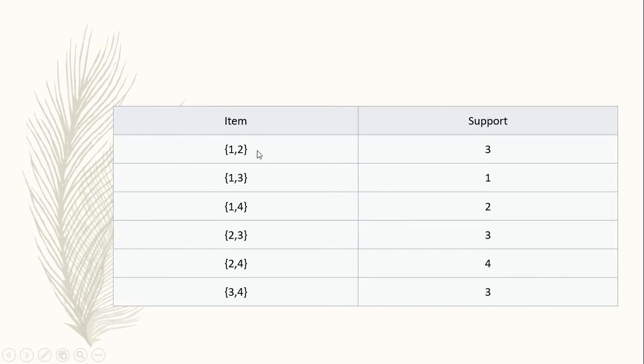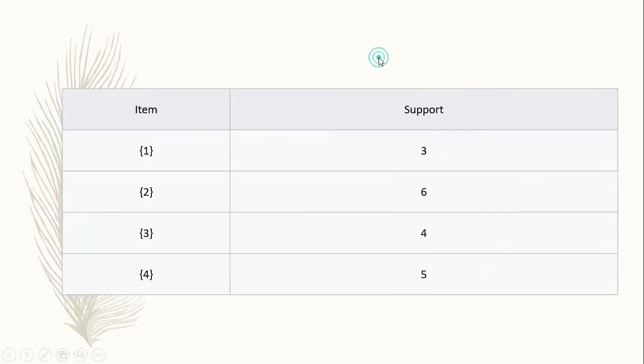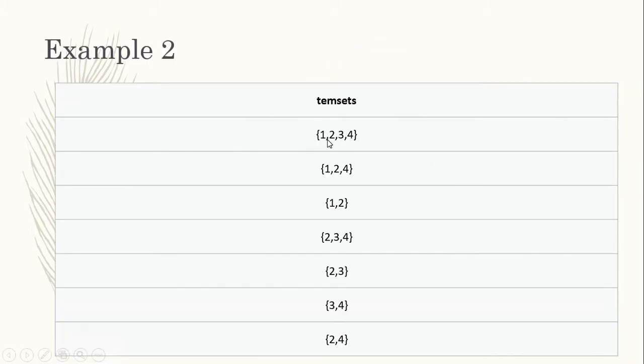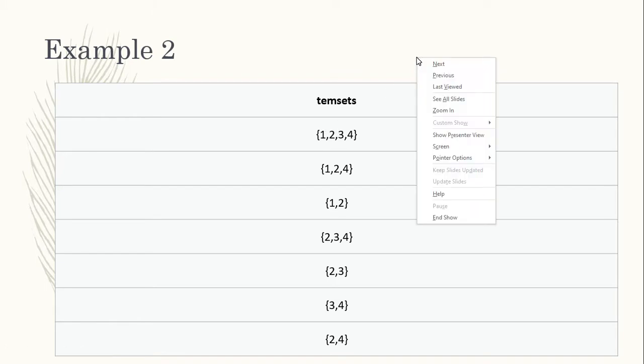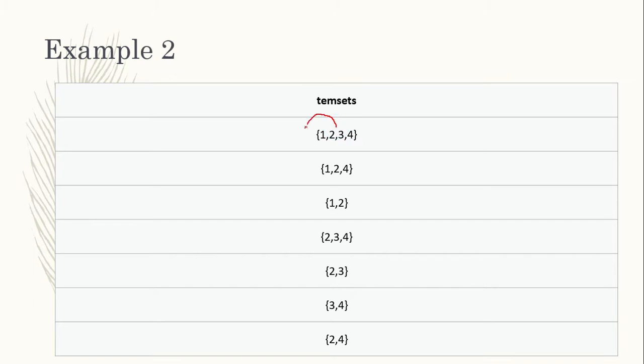And for the pair 1 and 2, how many times does 1 and 2 occur in the previous table? 1 and 2 occurs 3 times, so it satisfies the condition and survives.